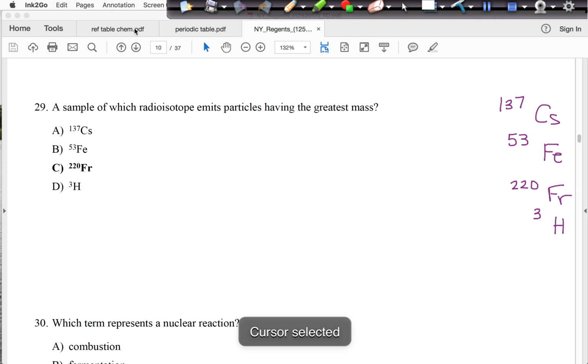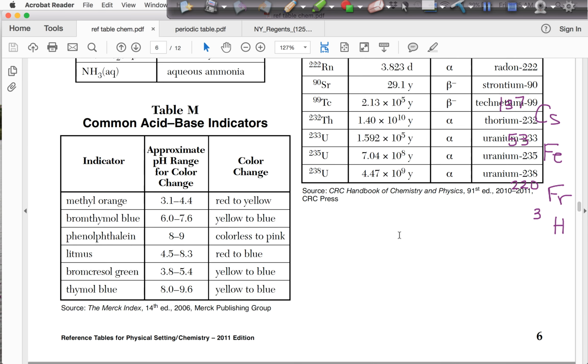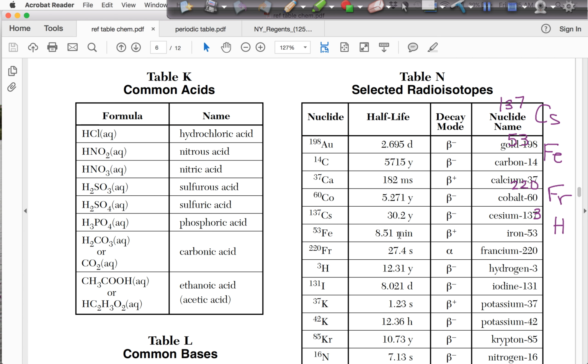So if we flip back to the reference tables and look at table N, at the top we have the nuclide symbol, the nuclide name, and the decay mode. So I'm going to write down the decay mode for each of these, and these are in alphabetical order based on the symbol.